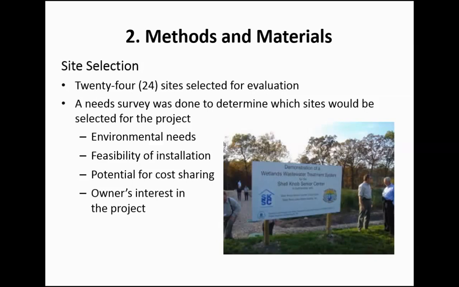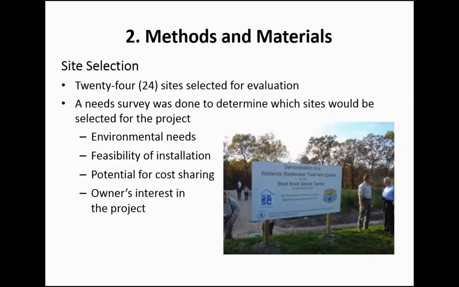There were 24 sites that were selected, consisting of clusters, residences, and restaurants, but only 4 sites were monitored. A needs survey was done to determine which sites would be selected for the project.